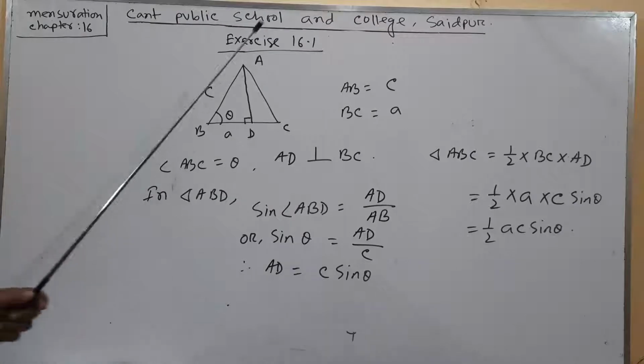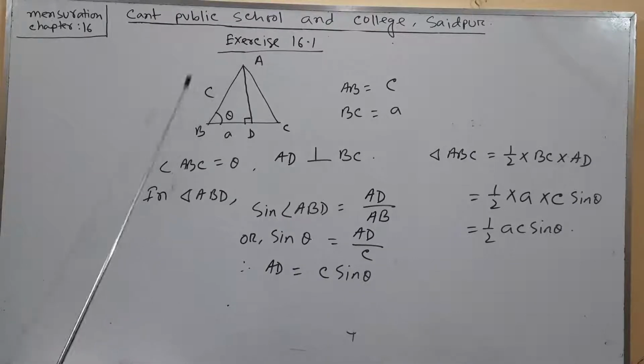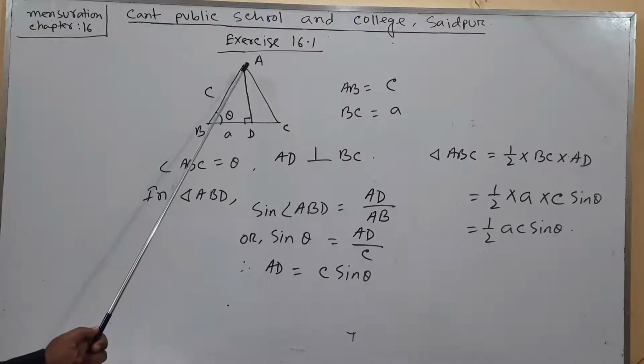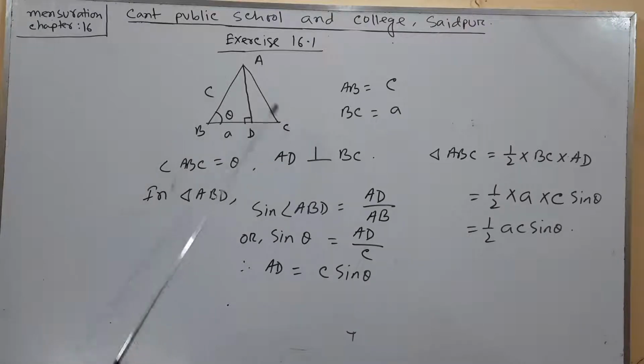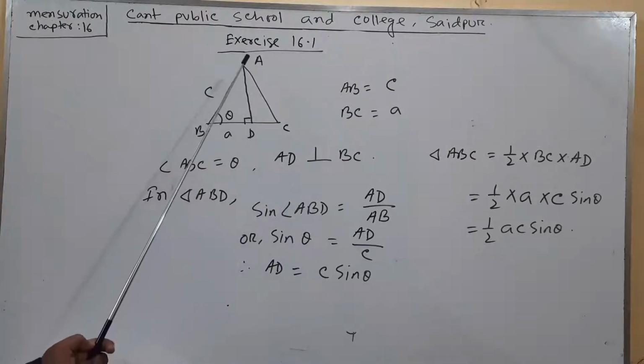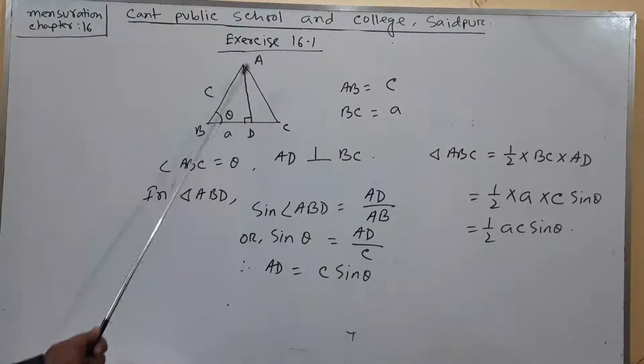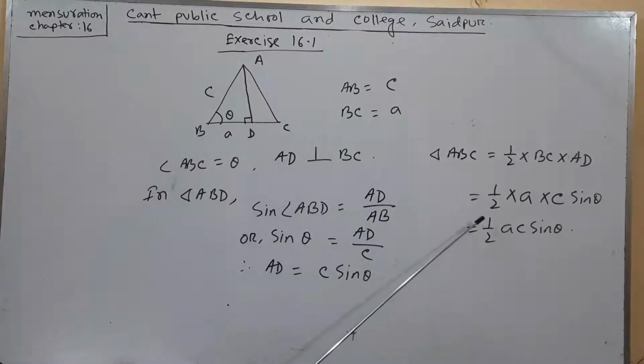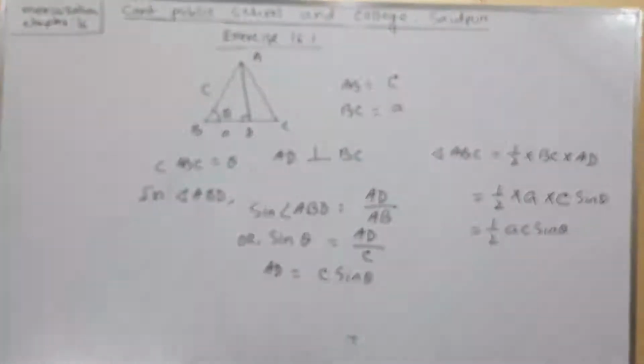Okay, dear students, here in triangle ABC, the lengths of sides AB and BC are given, here c and a, and the including angle of these two sides is theta, so the area of triangle ABC will be half a c sine theta.